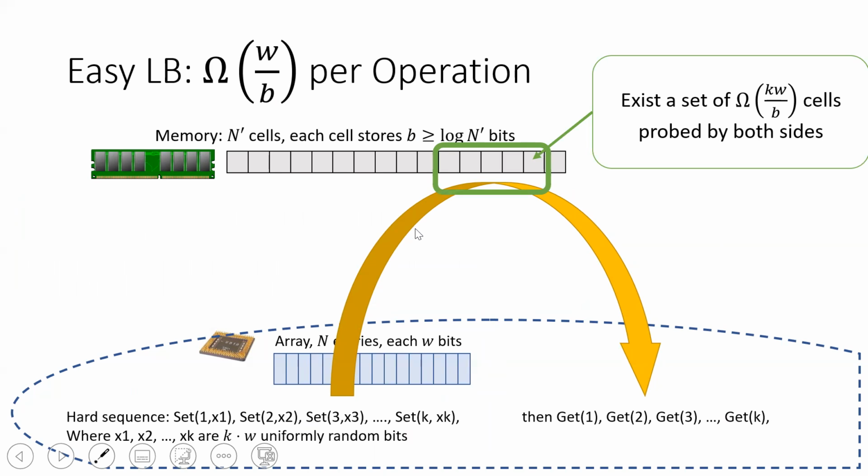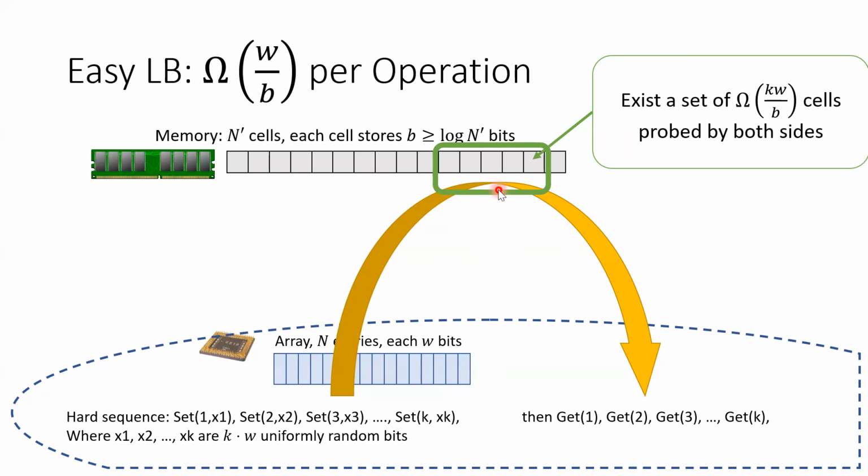Actually, the compression argument or the intuition can prove a slightly stronger statement: the left side sequence and the right side sequence have to share a large enough set of cells.